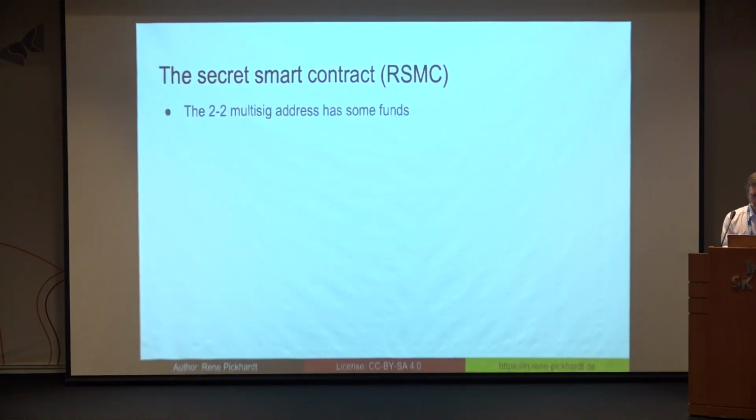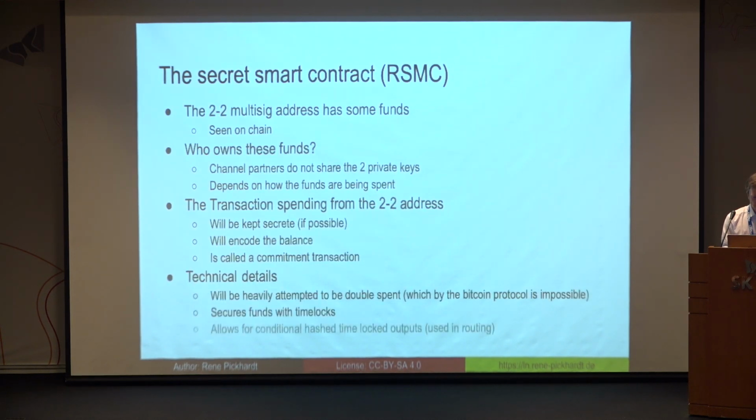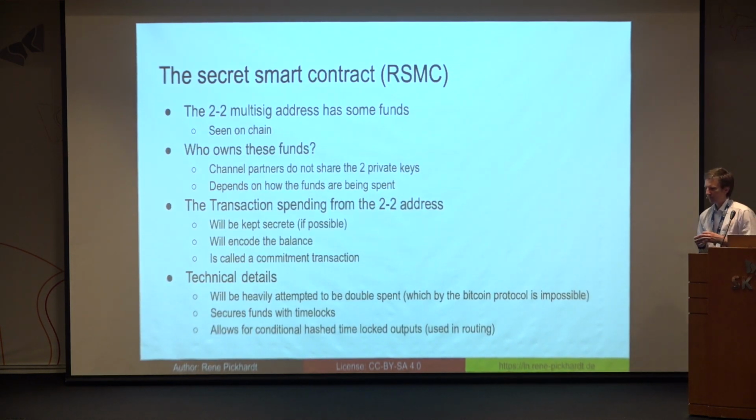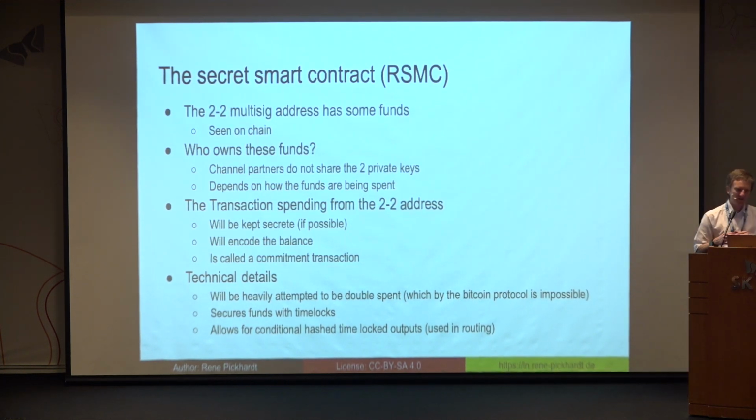All right, so then what are the revocable sequence maturity contracts?